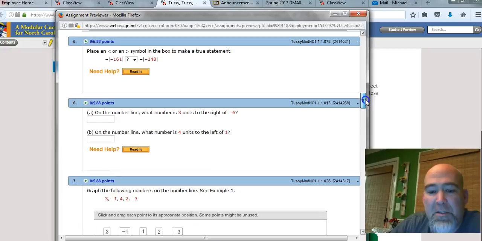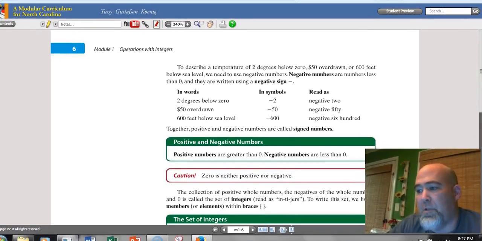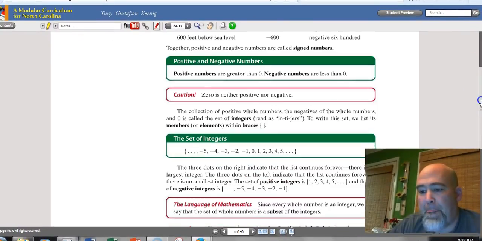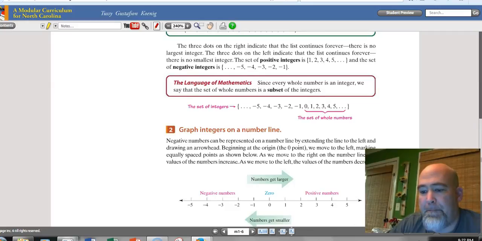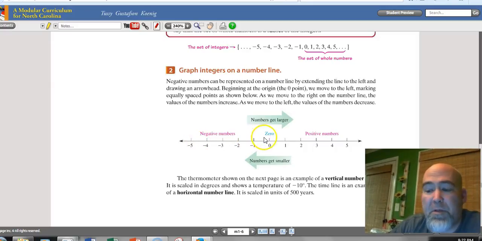Another one I want to look at is number 6. On the number line, now we're talking about this number line. They refer to it in the book. If we look at the number line here, we have positive numbers over here and negative numbers over here and 0 in the middle.